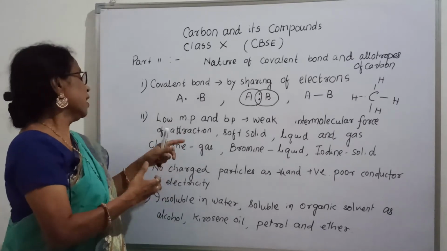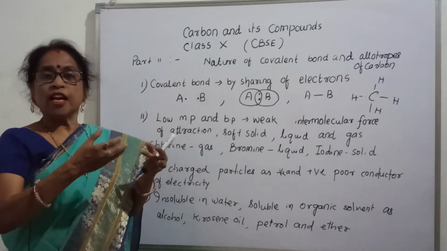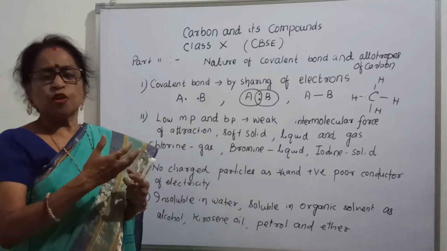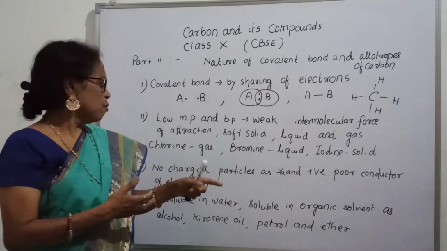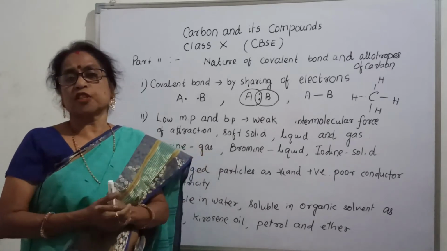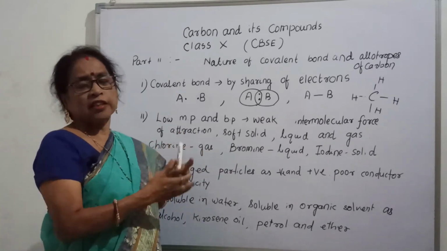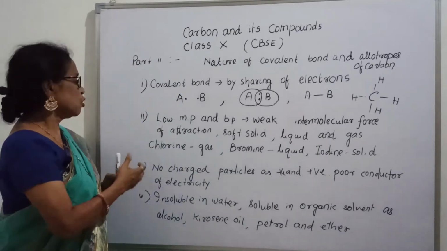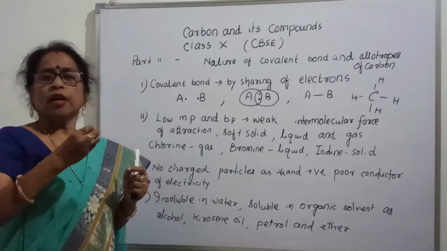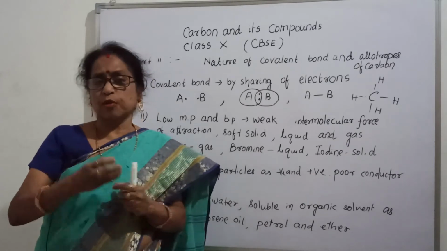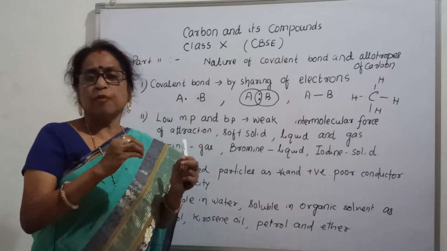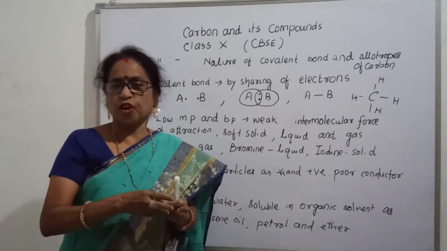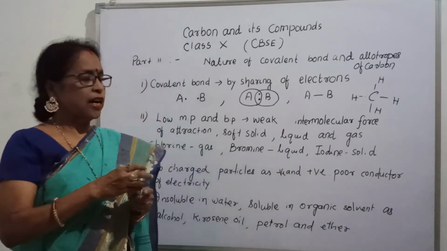That is why they can be soft solid, liquid and gas. You can find chlorine is a gas, bromine is a liquid and iodine is a solid. They all have covalent bonds and they are covalent compounds. So due to the weak intermolecular force of attraction, the covalent compounds can easily break down, which is why they are soft solids, liquids and gases.